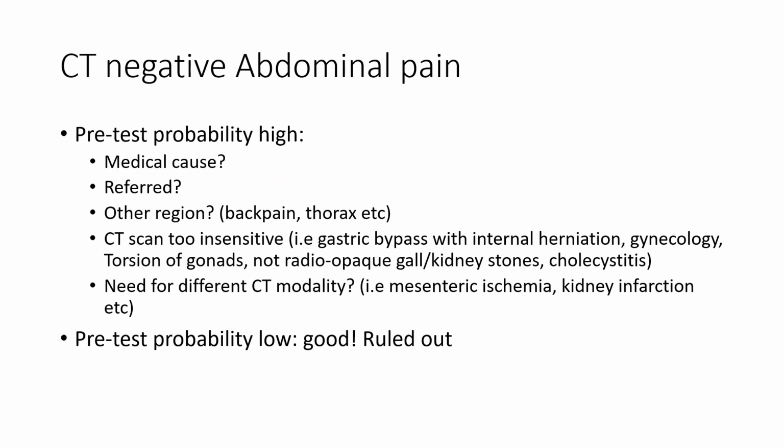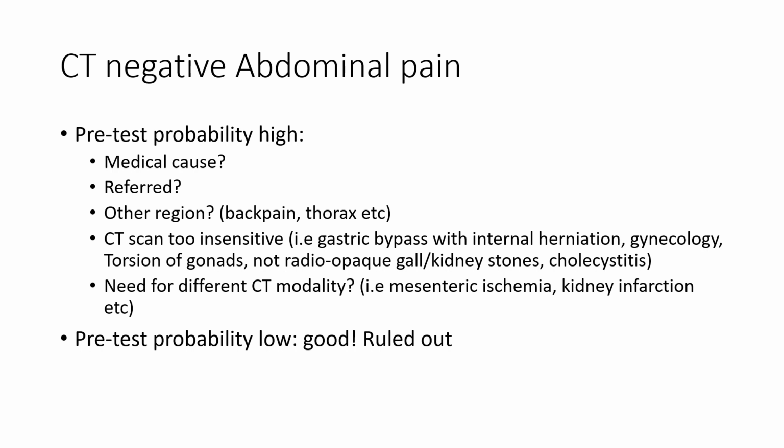So exactly. If we have the negative CT scan but you still have a patient with abdominal pain, that's kind of a syndrome in and of itself, right? And when you go asking the radiologist to do the CT scan, you should always think in the back of your mind, well, if this is negative, what do we do then?